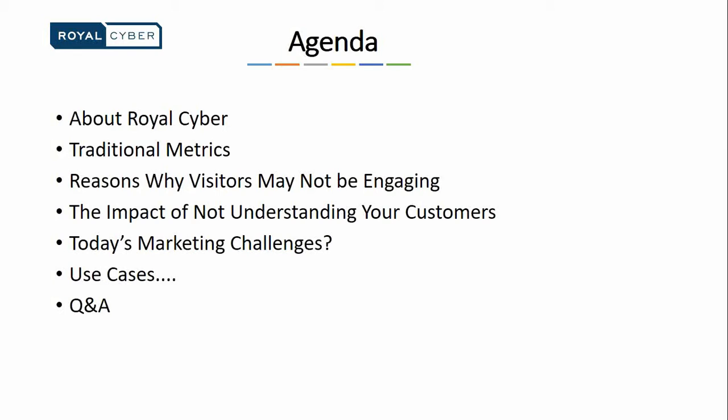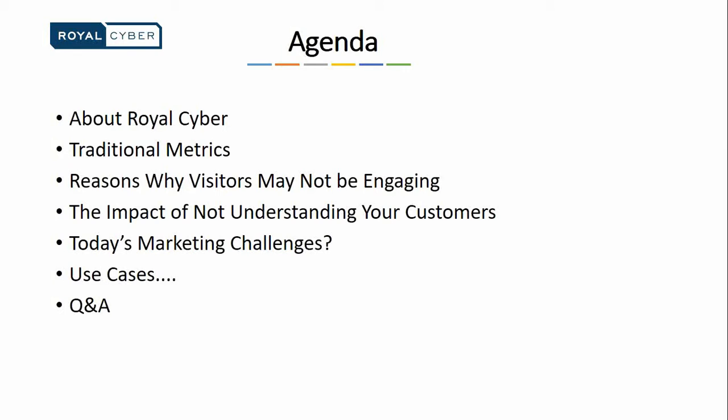The agenda for this webinar is a few minutes about Royal Cyber, where exactly we are and what exactly we are doing right now, and the traditional metrics. How do the traditional metrics help to understand your website as well as the user behavior, and why we need some step ahead of what we are doing right now, and the reasons why the visitors may not be engaging, the impact of not understanding your customers well.